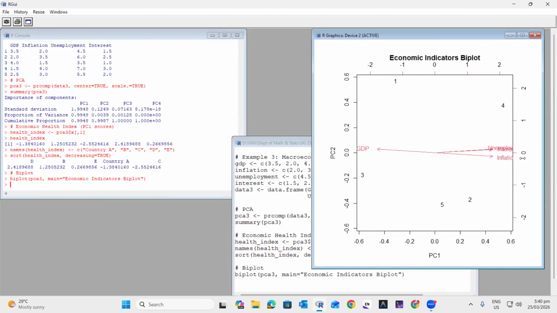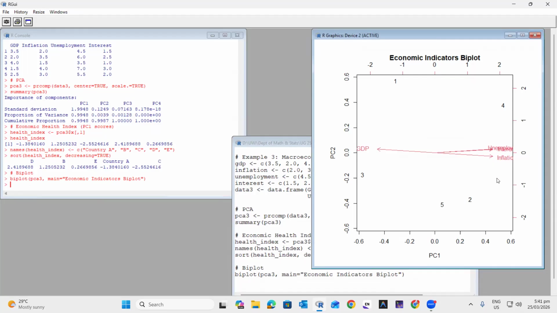Okay, and they are negatively correlated with GDP on PC1. Unemployment and the interest rate arrows are nearly parallel and overlapping basically here. These two variables are highly correlated with each other, and inflation has the slight downwards angle with PC2, differentiating it slightly from unemployment here.